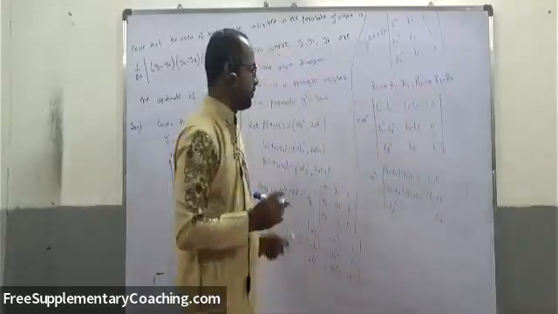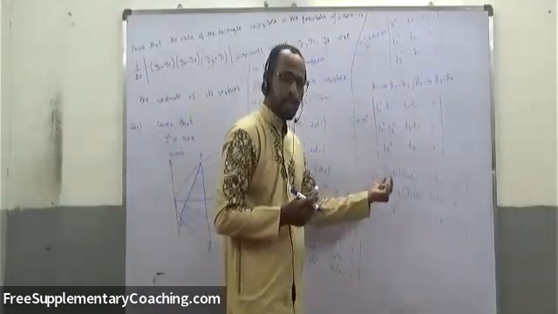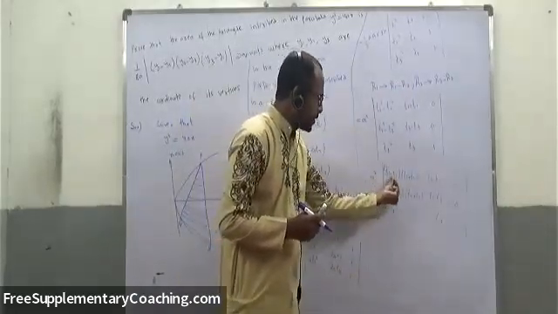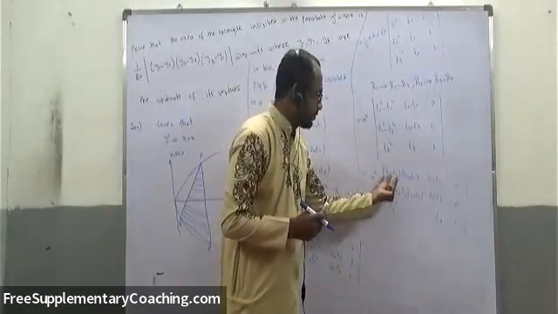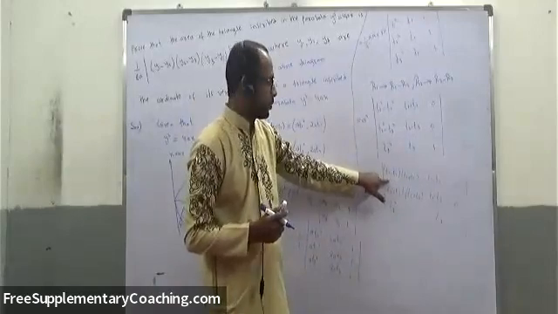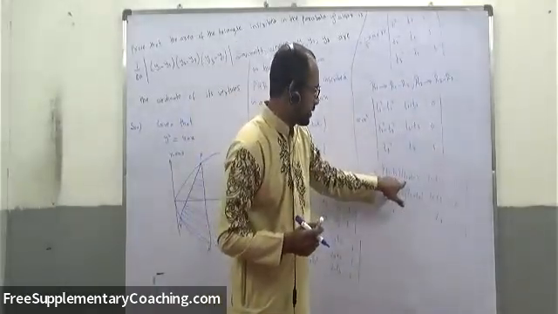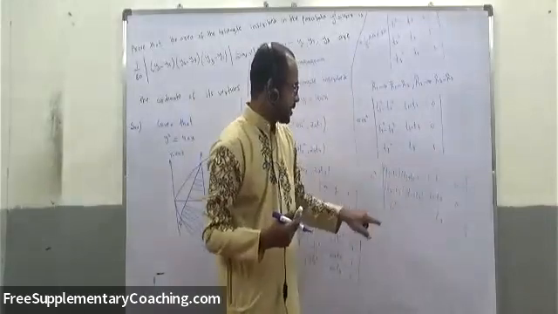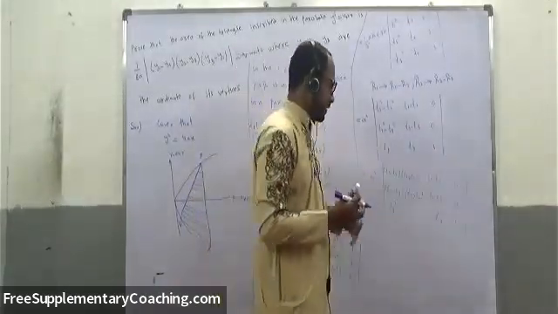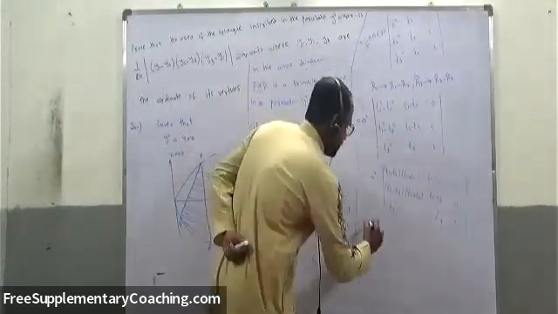Okay. From here, look at the first row, I can take T1 minus T2 common. So what is left? T1 plus T2. And from the second row, I can take T2 minus T3 as common. Keep it outside.